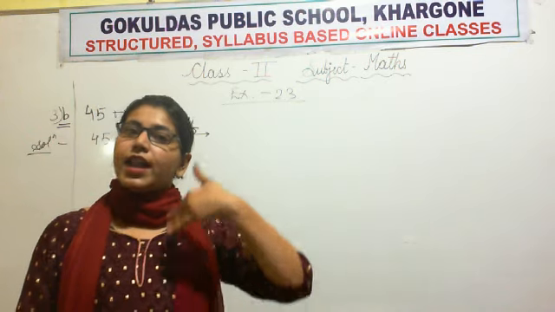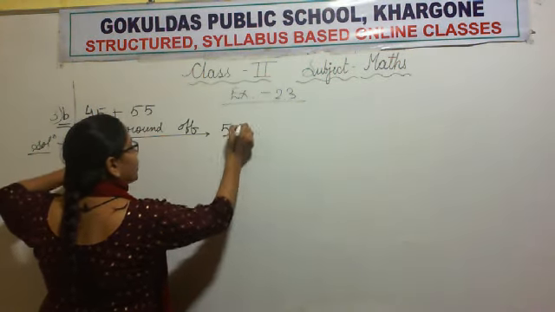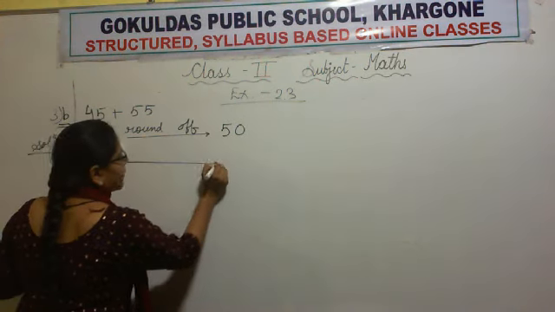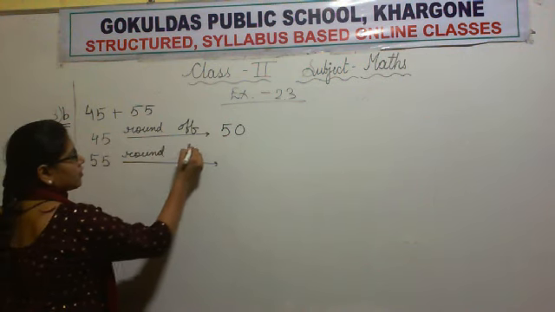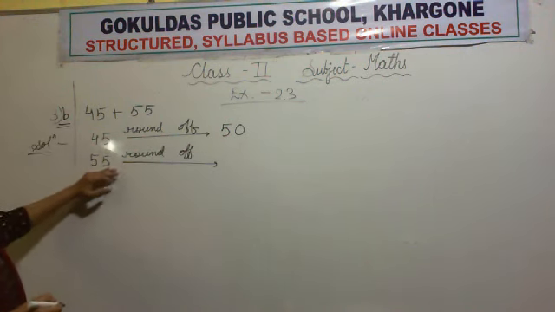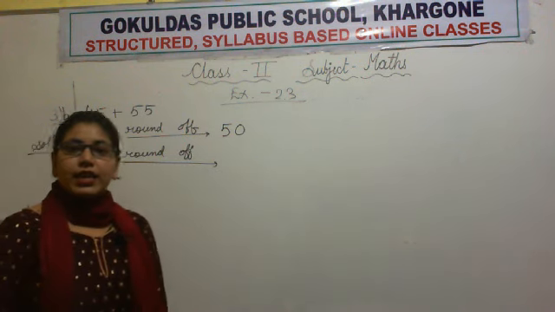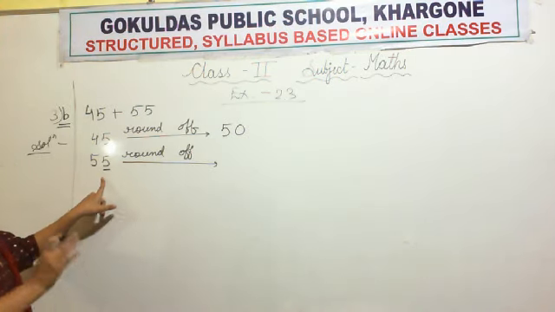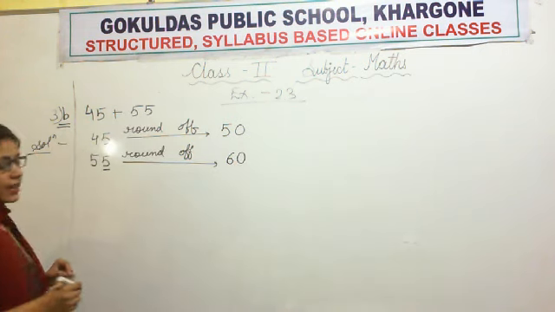We will round up. Very good. So we will round up 45 to 50. Now the next number is 55. Again 5 is there. So whenever we see the number 5 or greater than 5, we will round up. So we will round it off to 60.